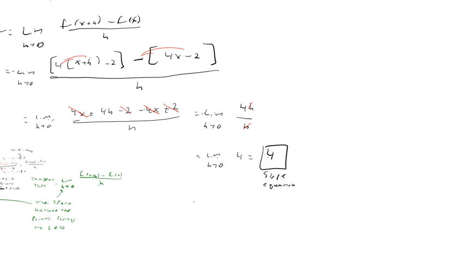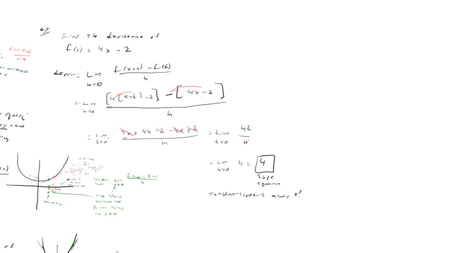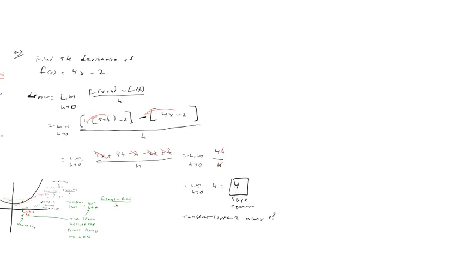Tangent slope is always 4. And I was going to ask someone if they could explain why, but yes, Lizette, you are exactly 100% correct. Can you unmute yourself and explain to us why this is the case? Why?